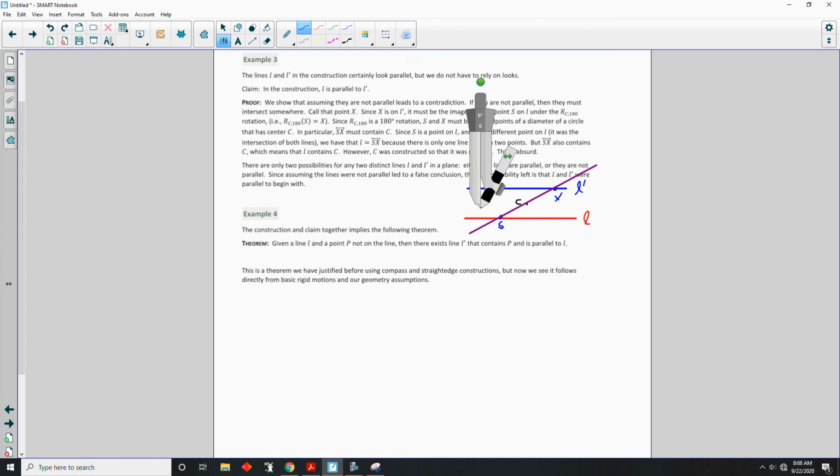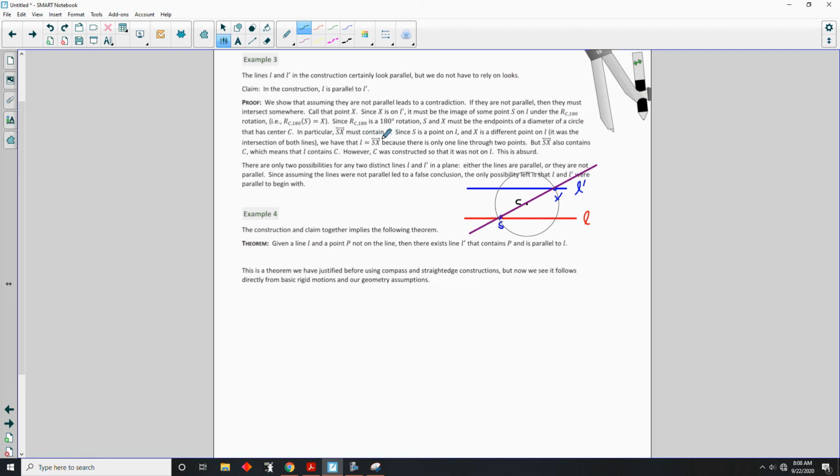So if I drew a circle now, centered at C, going through X and S, like so, then that would have to be a diameter. And if the point S and X are on the same line, they'd have to be the diameter of the circle, is what they're saying.